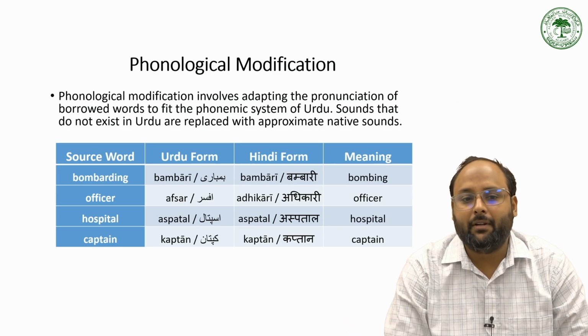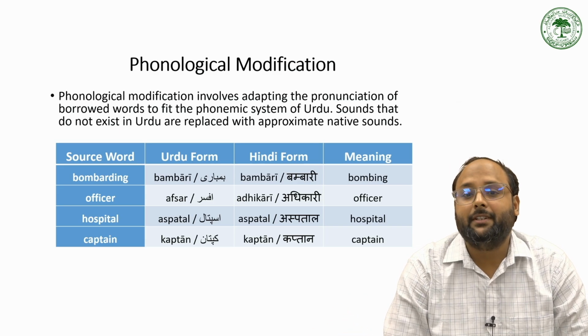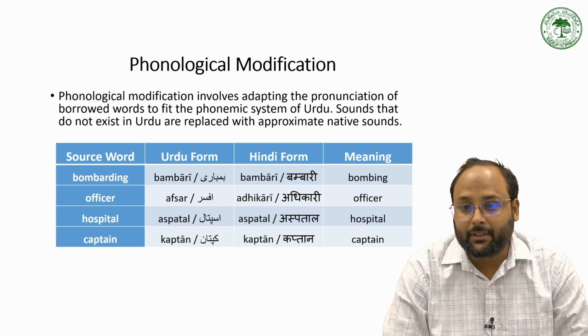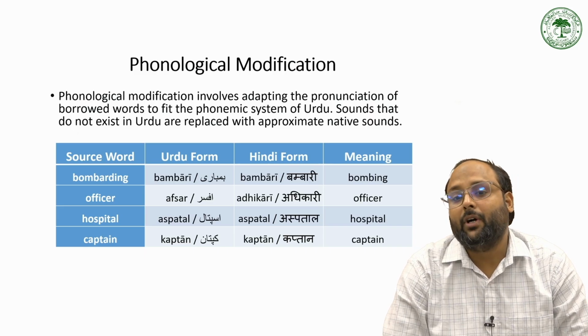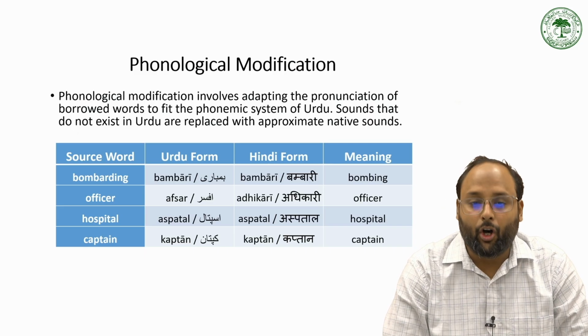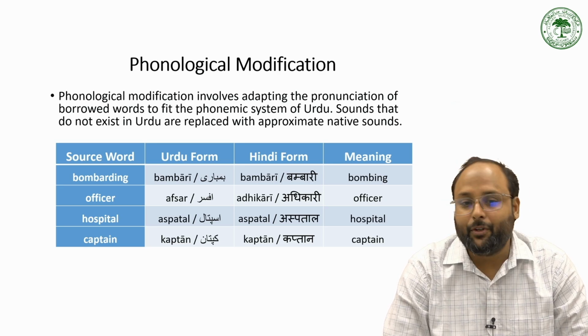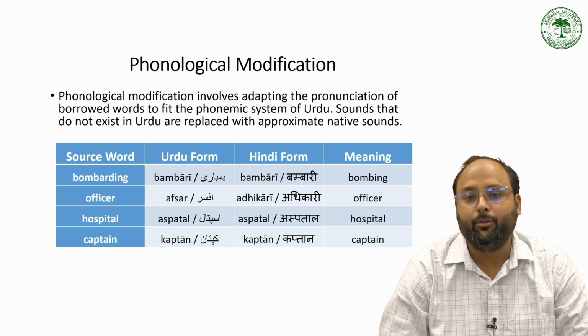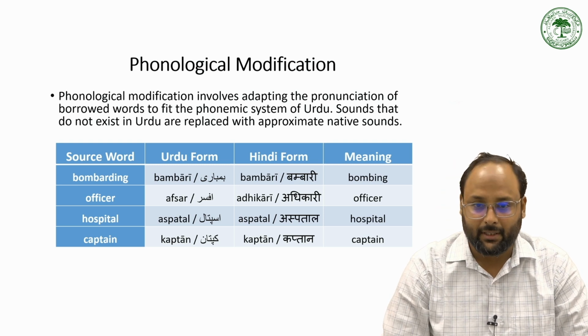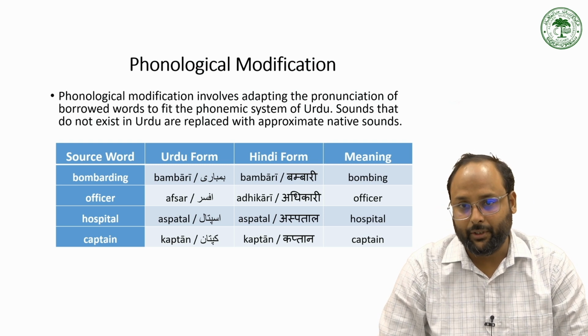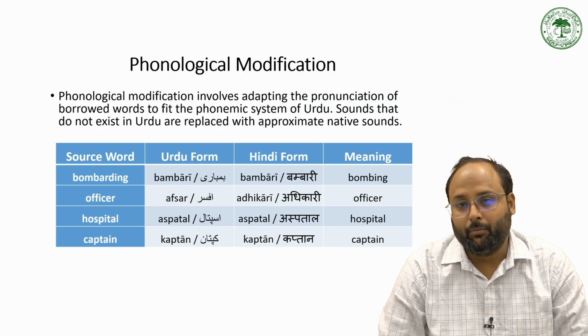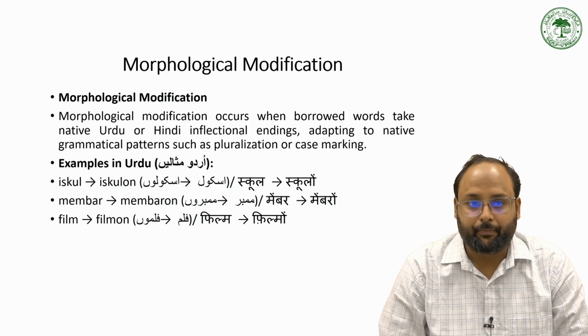Like officer, we modify as afsar, or in Urdu adhikari. Hospital we modify as aspatal. Captain we modify as kaptan. So that is the phonological modification that occurs during the borrowing process from a foreign language to our language.